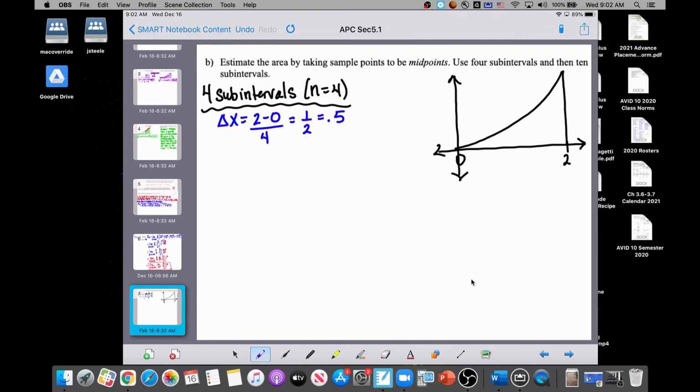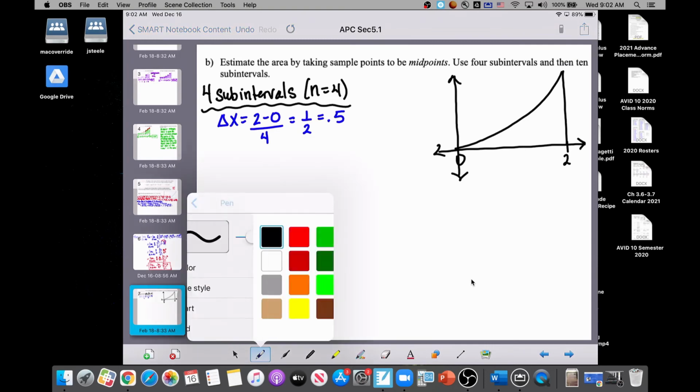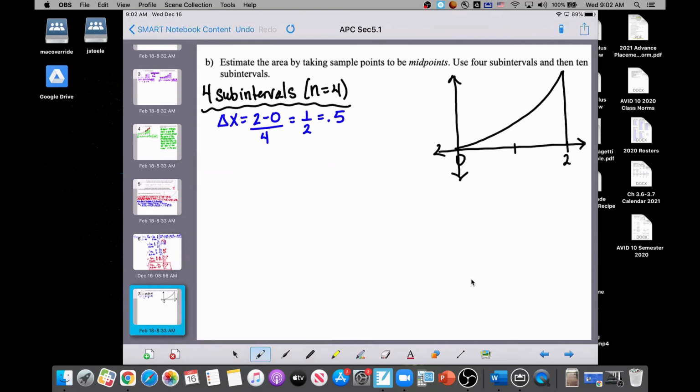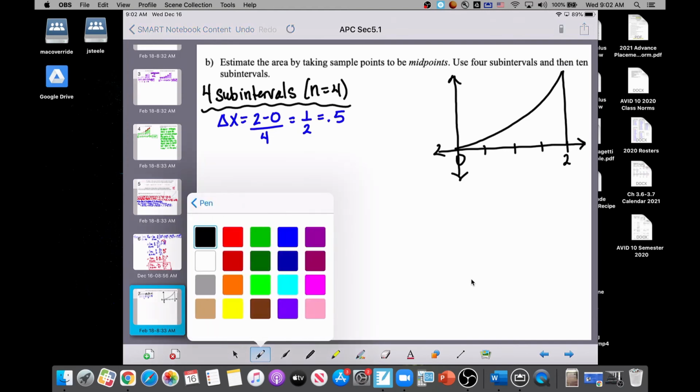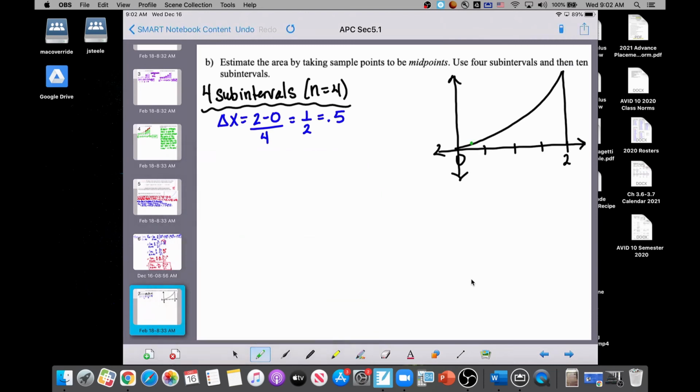Okay, so let's draw our rectangles here on our picture. If we're going to be doing 4 rectangles and we're going to be doing midpoints, then the first midpoint will be there, second one will be there, third one will be there, and fourth one will be there. So visually, this is our picture of our 4 rectangles.